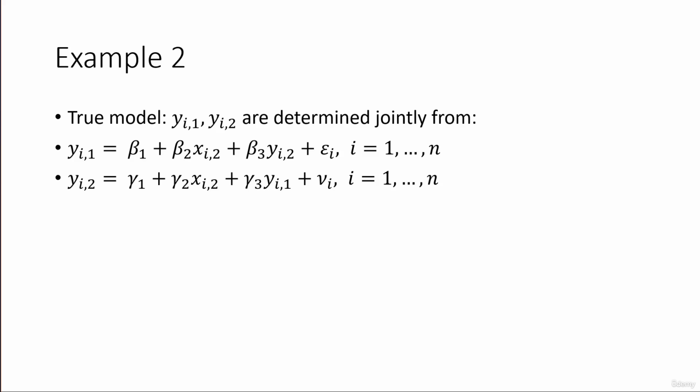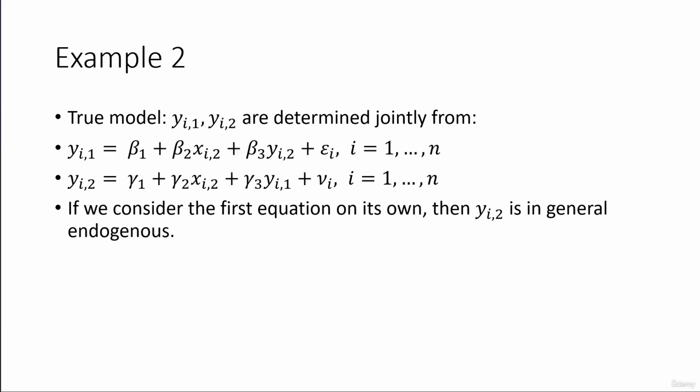So the problem here is that when we consider the first equation, the one determining y1, then y2 will in general be endogenous. The reason for this is that y1 and y2 will both be correlated with both of the error terms, epsilon i and nu i, and that will make y2 correlated with epsilon i in the first model, therefore endogenous.